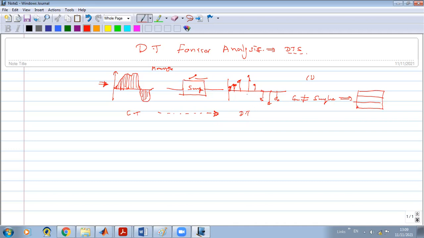When we are dealing with signals, normally we are dealing with them through electronic circuits.